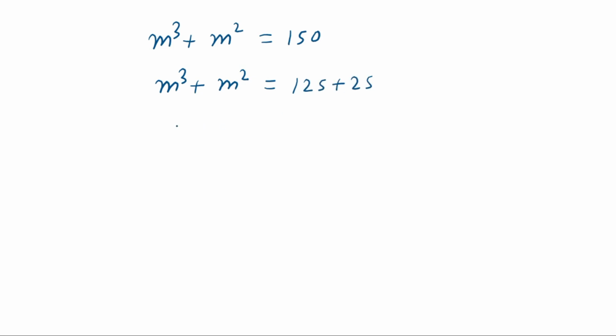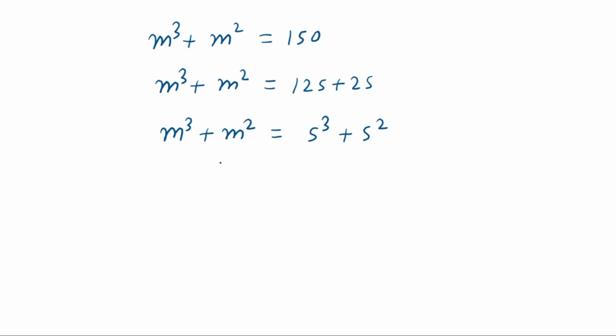Now m^3 + m^2 = 150, and 150 is 125 plus 25, which is 5^3 + 5^2.